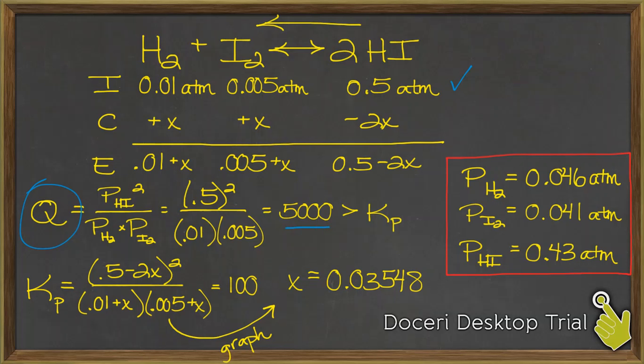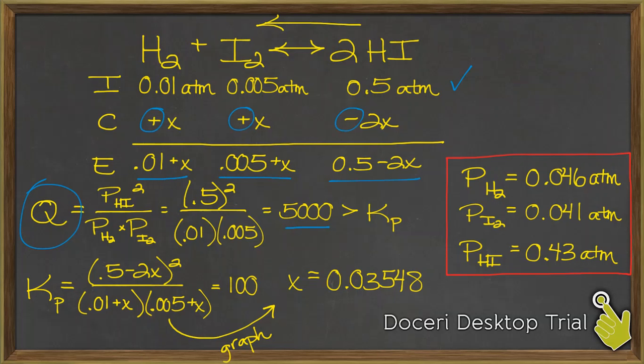I saw that the Q value was greater than Kp, which tells me that in our initial conditions we have too many products. We need to get rid of some of those products, use some of them up. We need to create more reactants. So we're going to shift in the reverse direction, which helped me decide upon the signs there.